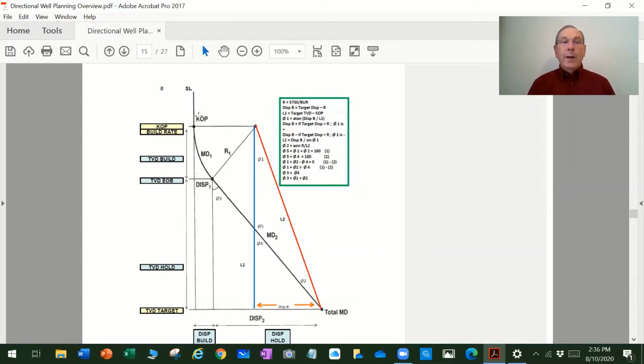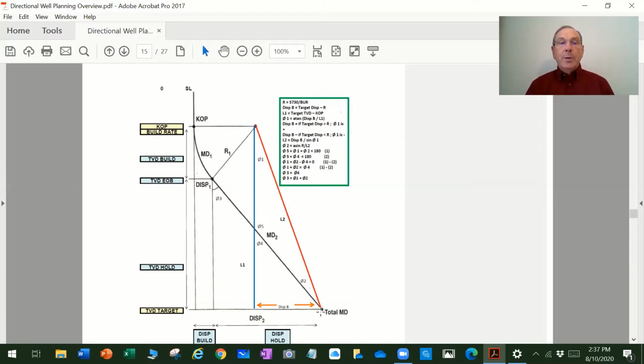So we know the radius. Since we have selected a build rate and a kickoff point, we can draw this diagram, in which this is going to be the radius, and we can draw a line from the compass point out in the earth, down to the target.